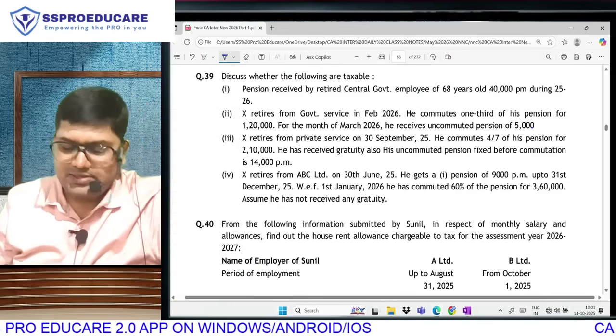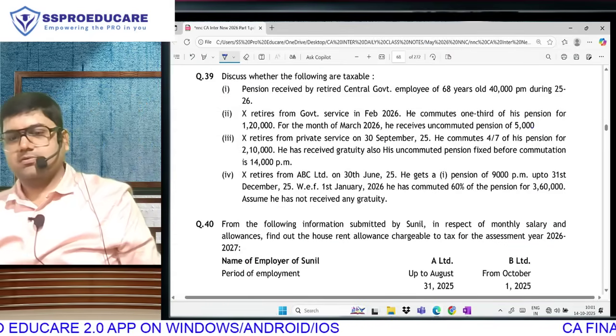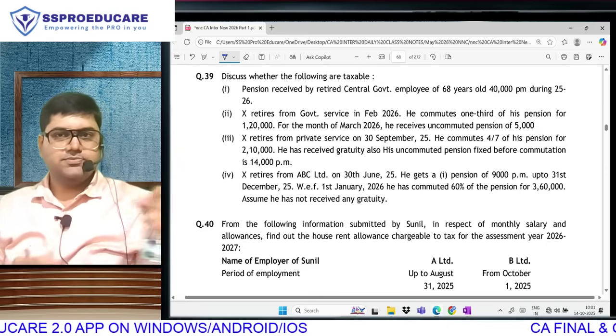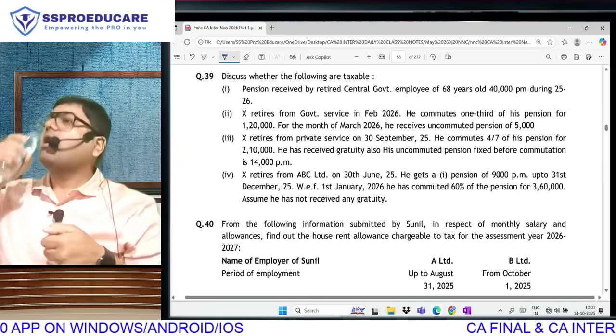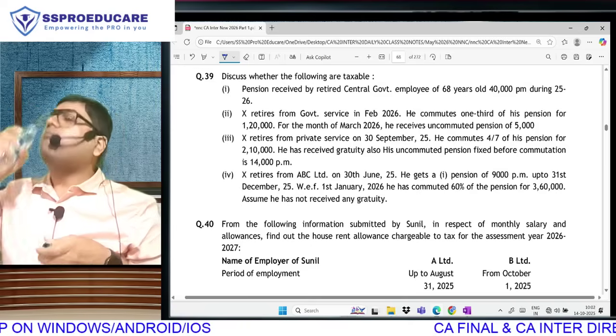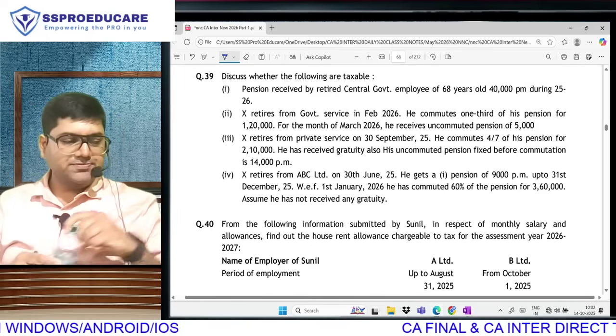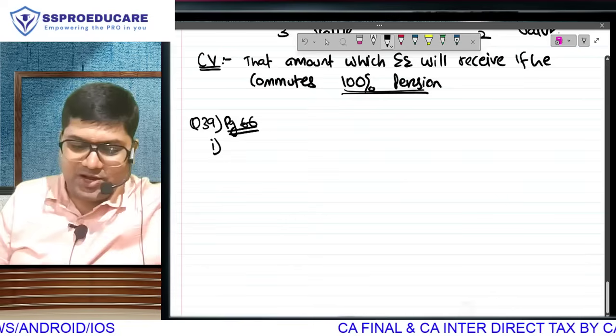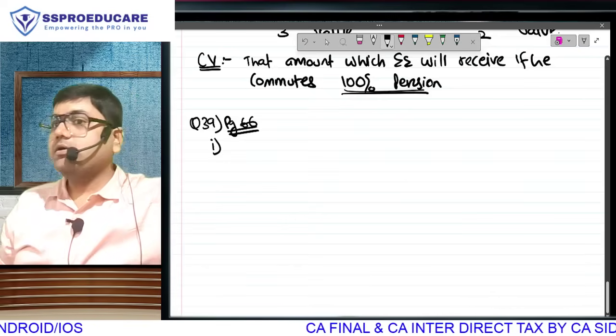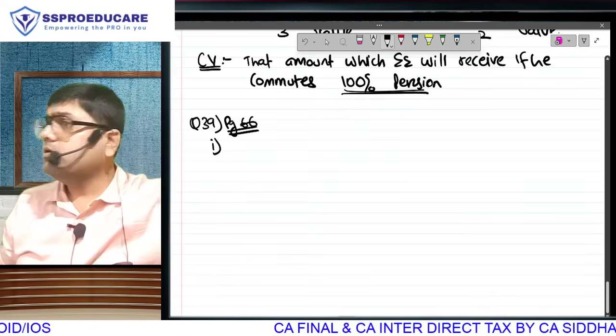Read the question. Discuss whether the following are taxable. Pension received by a retired central government employee of 68 years old, 40,000 per month during 25 years. Central government employee, therefore fully taxable.